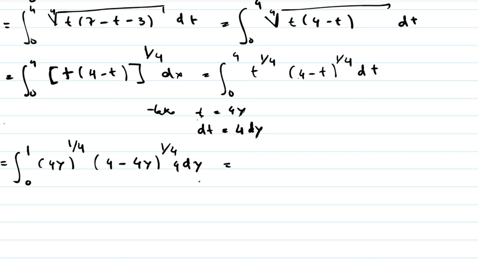Okay, this is going to be equal to, this 4 is a constant, so you can take it directly outside. We have here 4 integration from 0 to 1 of, this is going to be equal to what? This is going to be equal to 4 raised to 1 by 4 into 4 into y raised to 1 divided by 4. So this is going to become 4 raised to 1 divided by 4 into y raised to 1 divided by 4 into 4 minus 4y.